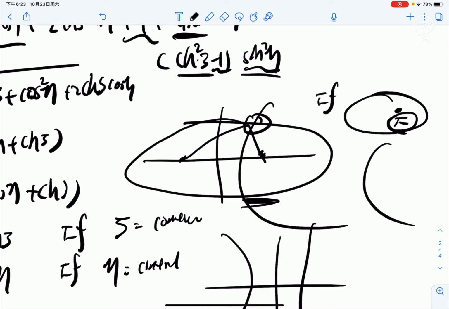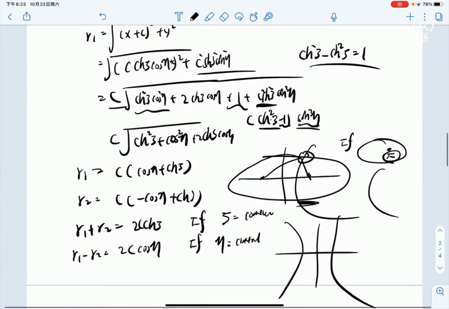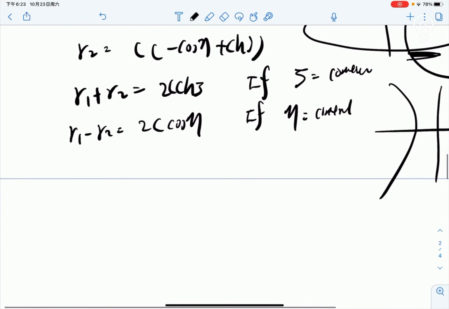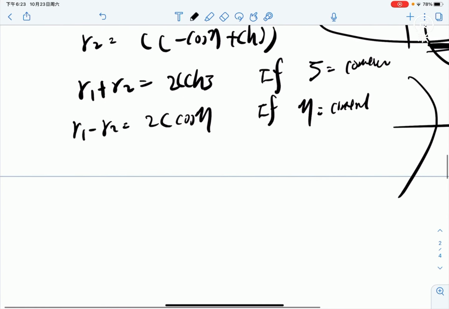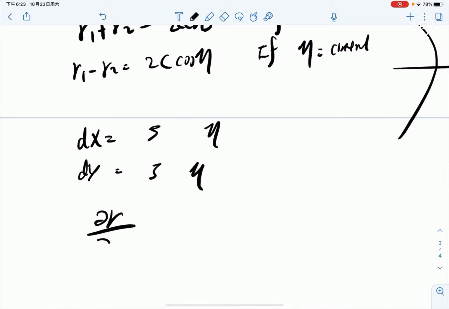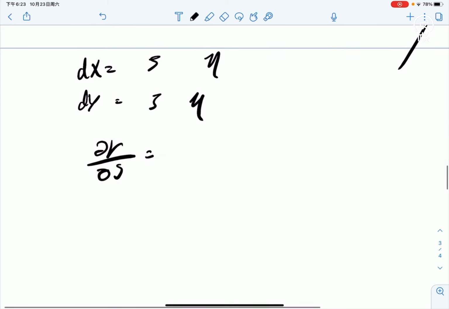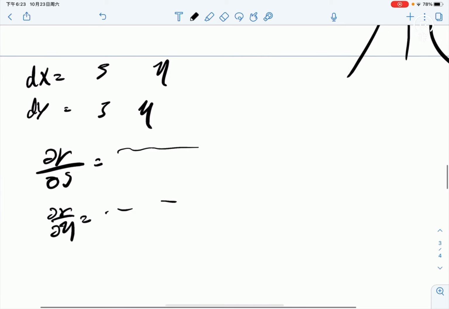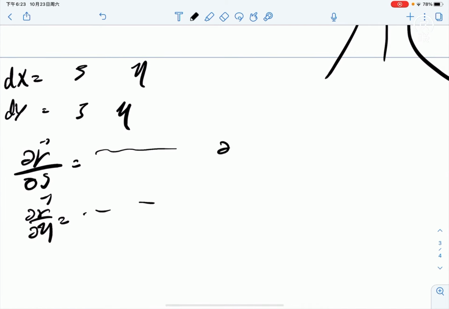You can search for the proof if you want, and I offer an alternative proof: you basically find x as a term of this and eta, and y as a term of this and eta. And for this, blah blah blah. And if you multiply the two, you can see they're basically equal to 0.